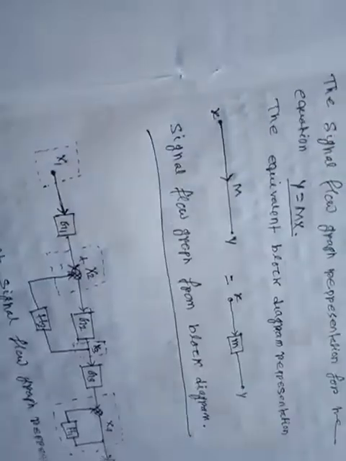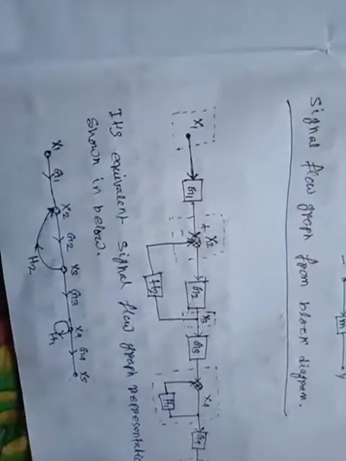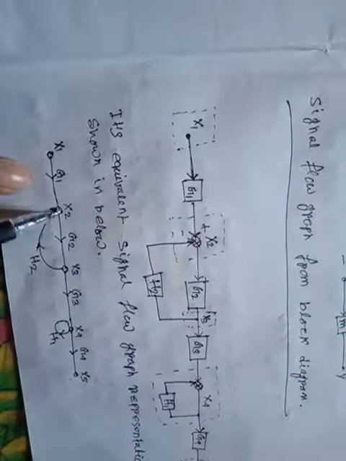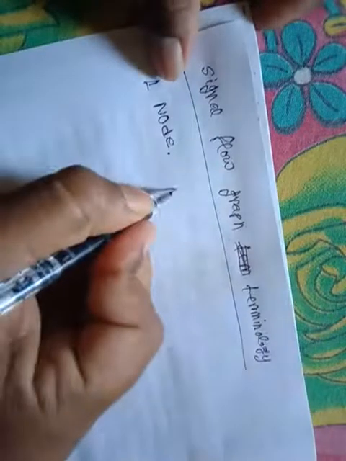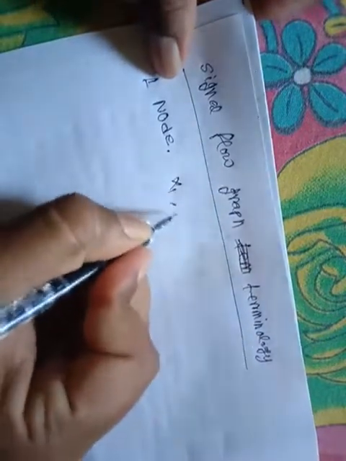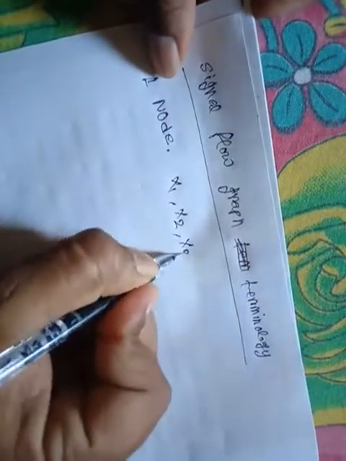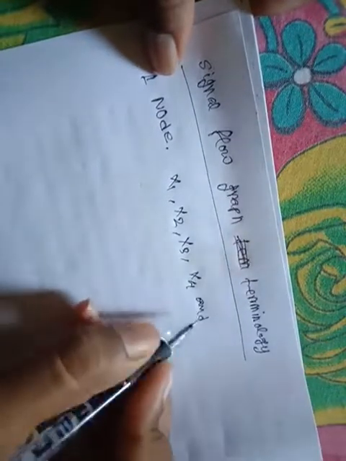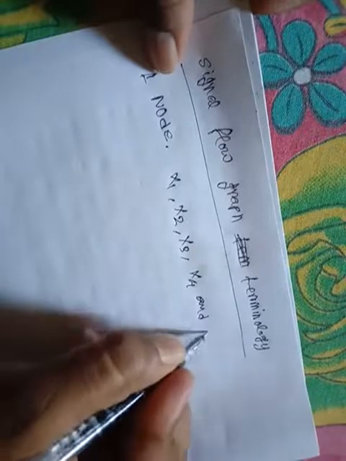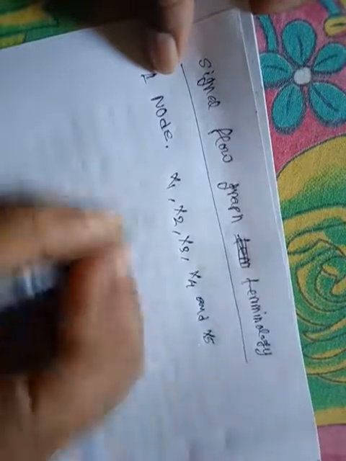Here the nodes x1, x2, x3, x4 and x5 are all nodes.